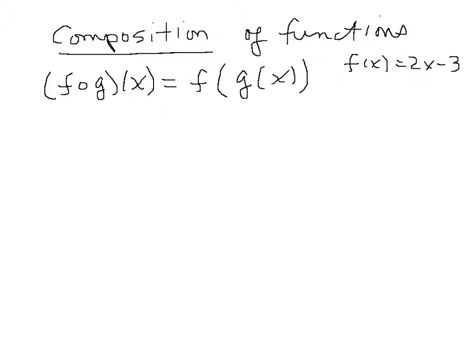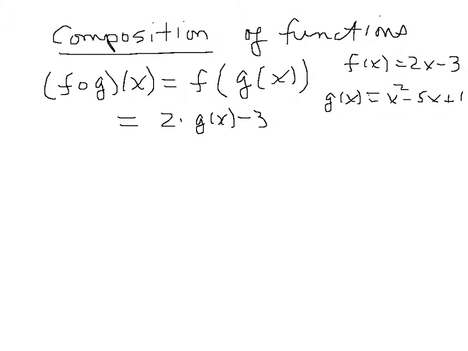In other words, whatever comes into the function f gets multiplied by 2 and 3 is subtracted. So that's where this becomes very interesting. What's coming into f now isn't x, but g of x. But it works the same as x. And so really what this means is 2 times g of x minus 3. Now let's remember what g of x is. g of x is equal to x squared minus 5x plus 1.